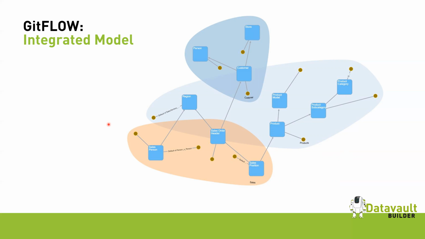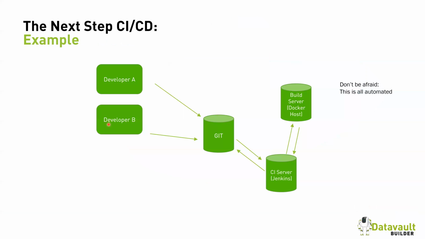What would be the next step? Instead of doing that manually, you can go on and integrate it further. It's probably not the first step to do, but at the end, it works out that developers commit and push into a Git repository. You have a CI server detecting changes. It will start a build.